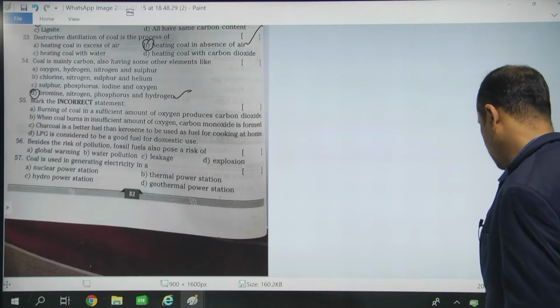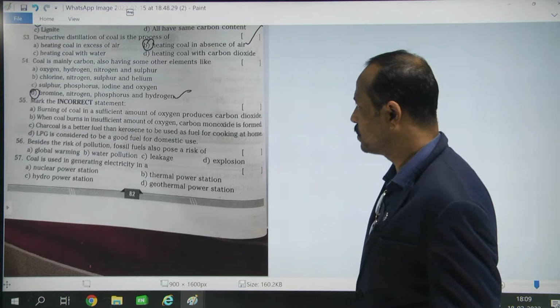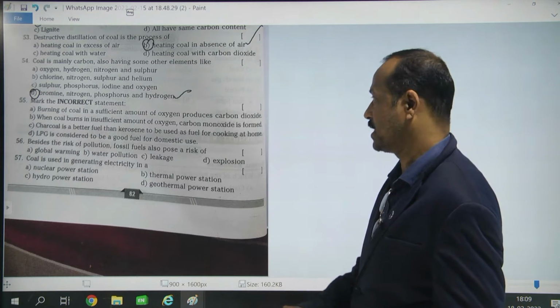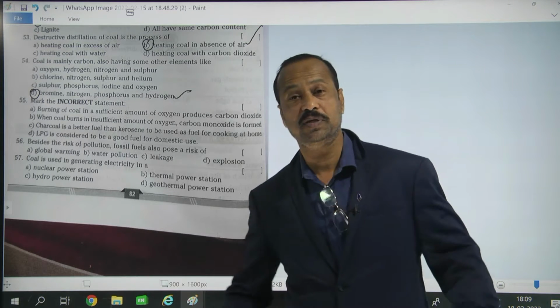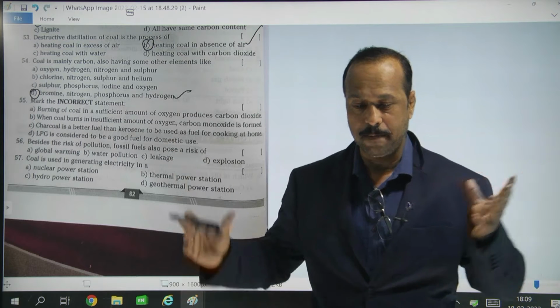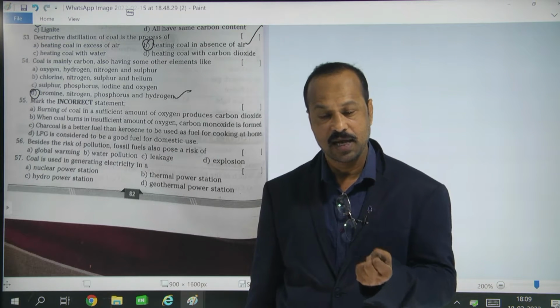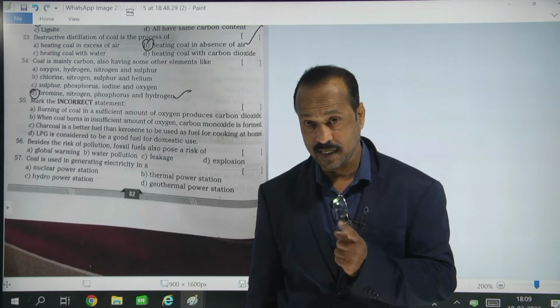Carbon burns in oxygen to form carbon dioxide. That's a right one. Now next one: when coal burns in an insufficient amount of oxygen, carbon monoxide is formed. Insufficient means only a certain less amount of oxygen is there. Then it forms carbon monoxide. Is this correct or wrong?